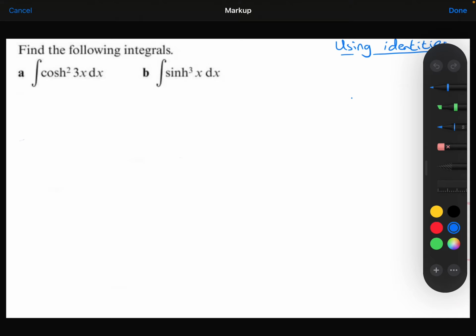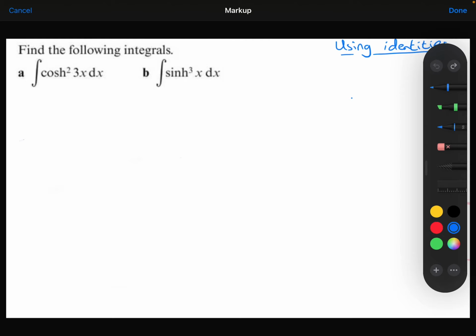Now remember how we integrated cos squared or sine squared in regular A-level maths with the trigonometric functions. Whenever you needed to integrate either cos squared or sine squared, we use the cos double angle formula to do so. And so therefore we're going to use a similar technique here.